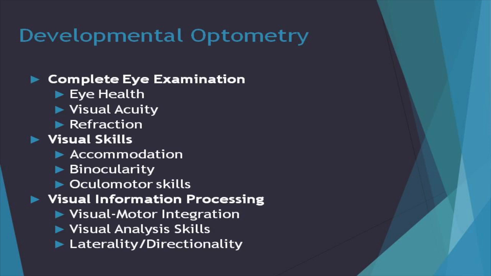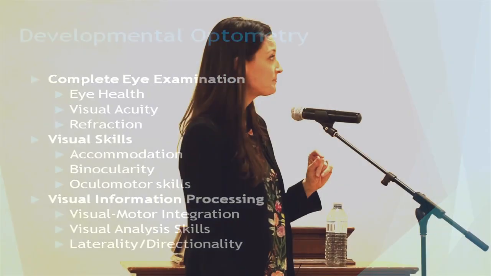Visual skills and visual information processing need to be addressed if we're concerned about vision and learning, and there seems to be a missing puzzle piece here. Can they focus? Can they team their eyes together? And can they track when they're reading? After that, if all looks good, or even if it doesn't, I might want to also know visual processing. Motor skills, visual analysis skills, the ones that we discussed, and lefts, rights, laterality, directionality.